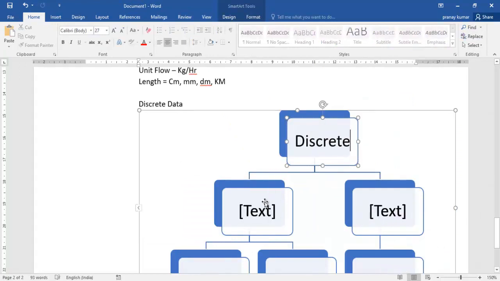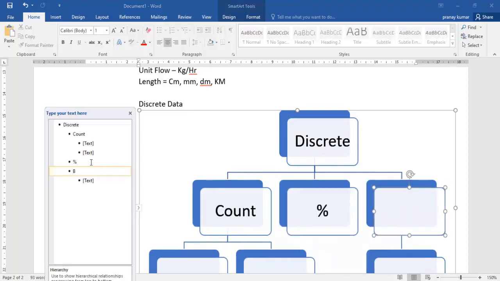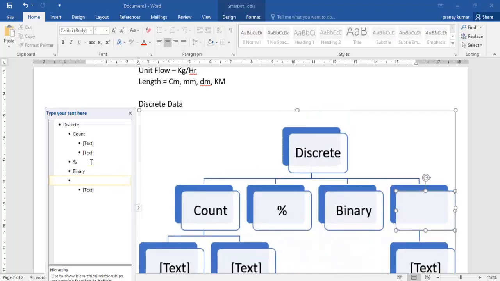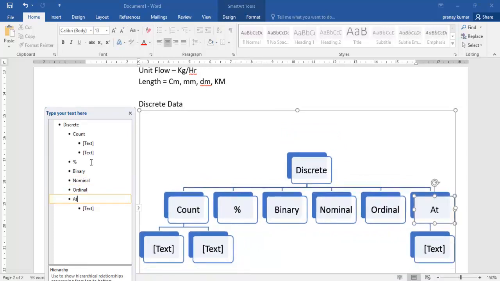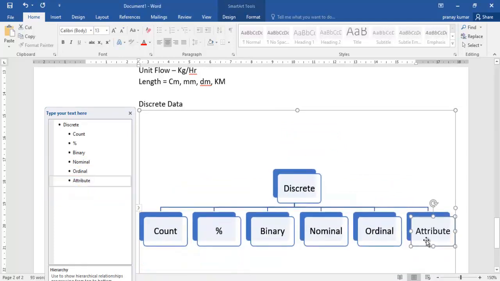Discrete data could be count, could be percentage, could be binary, could be nominal, could be ordinal, could be attribute. These are the 6 different types of discrete data available to us: count, percentage, binary, nominal, ordinal, and attribute.